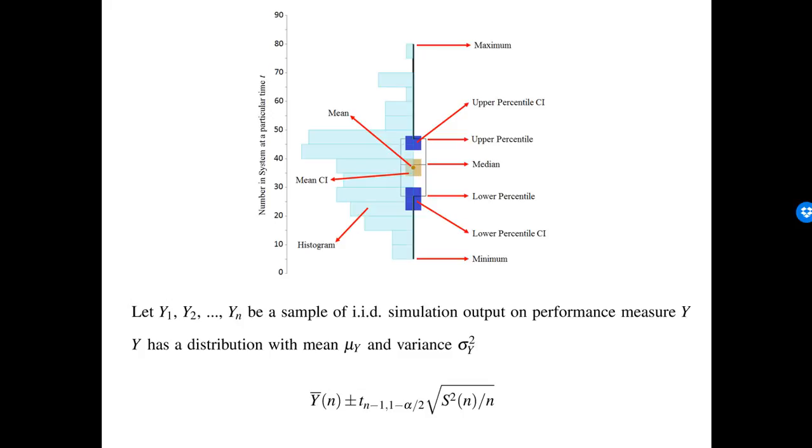So if I run my model for 100 replications and I see that I have a wide confidence interval, this tells me that I do not have an accurate estimate of my performance measure and that I need to run more replications to reduce my sampling error. So this is why we refer to confidence intervals as measures of error.